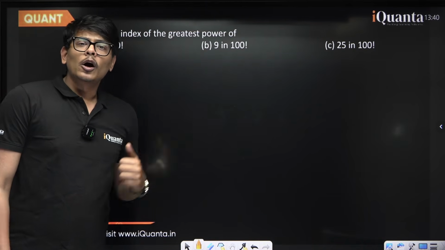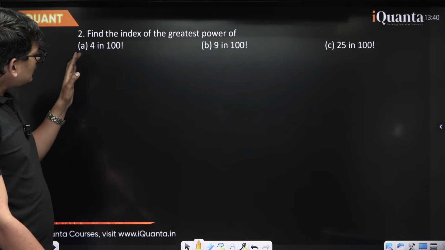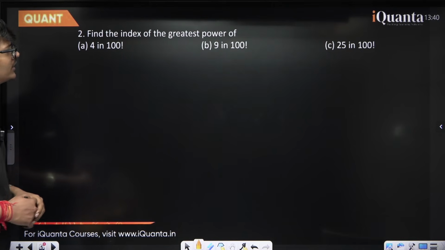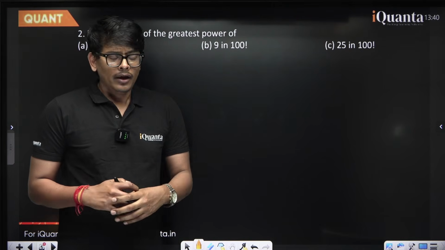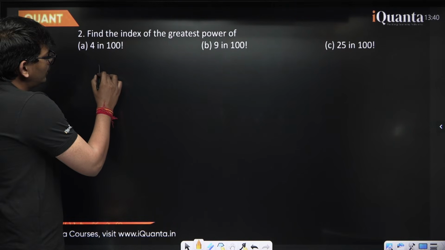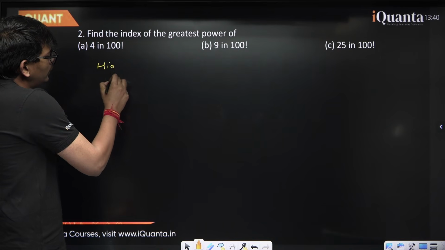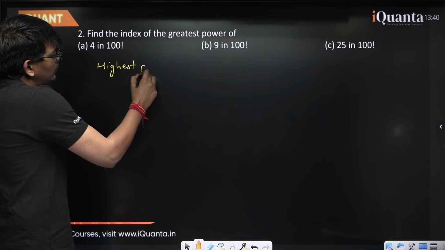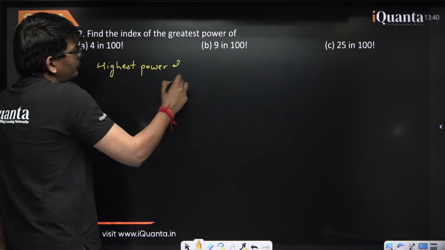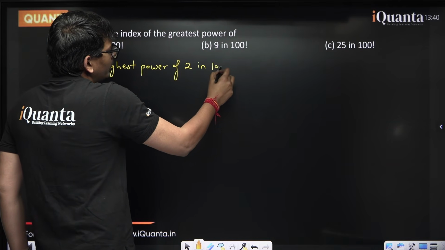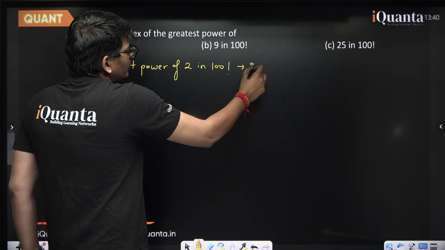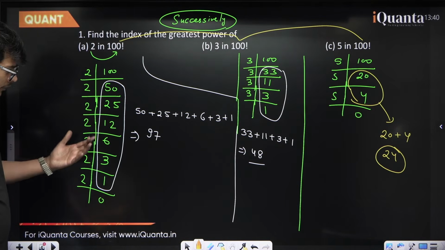Now let's talk about composite numbers. The question says: find the index of the greatest power of 4 in 100 factorial. We already know the highest power of 2 in 100 factorial is 97, which we have solved here, right?